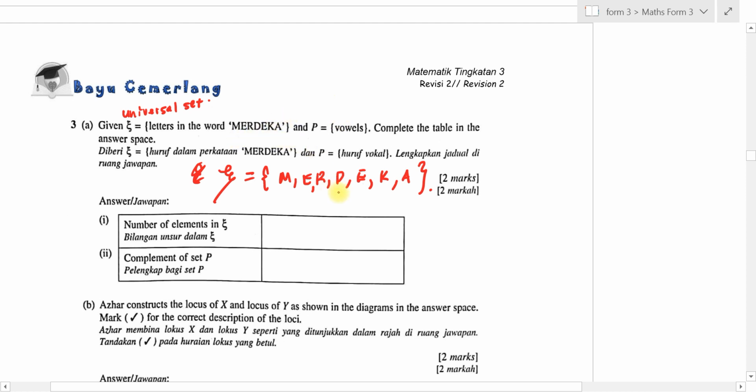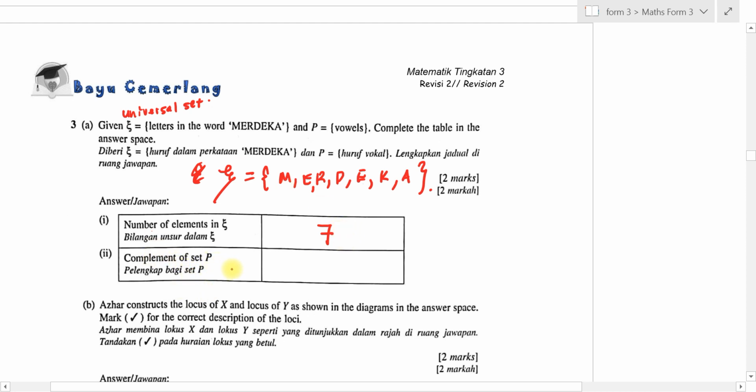No, that's not the thing. Letters in the word Merdeka, so you need to take all the letters. Some people say E is repeated, so I put 6 only. No, cannot. So how many letters are in Merdeka? 7 letters. If they ask for the number of elements, write 7. That's it.